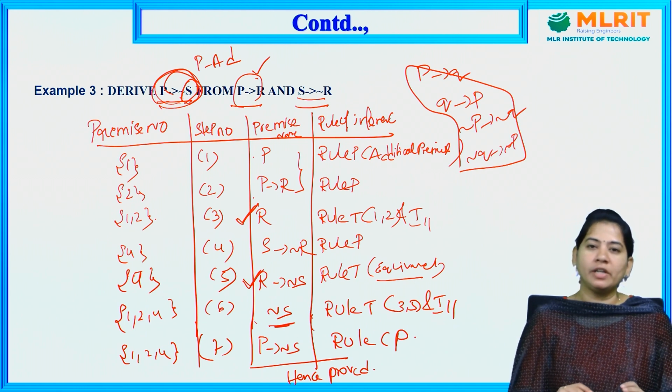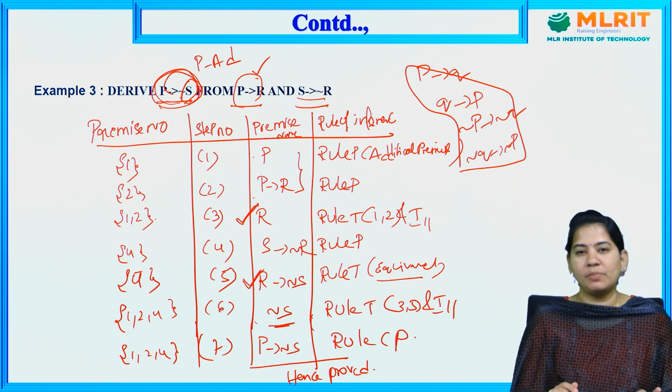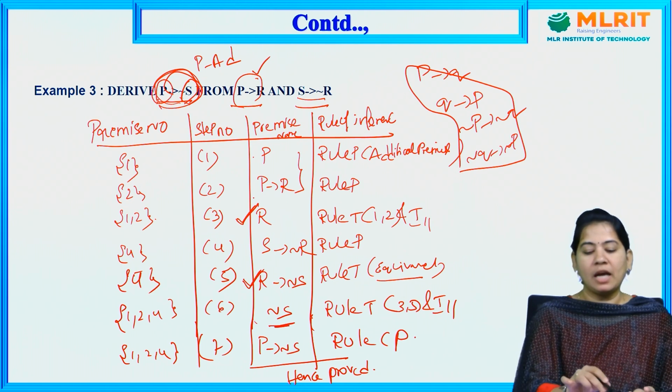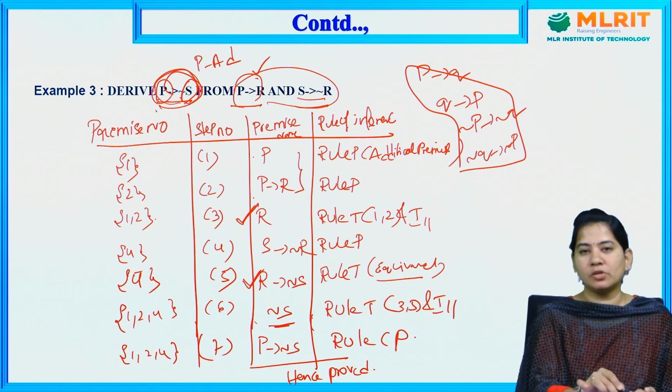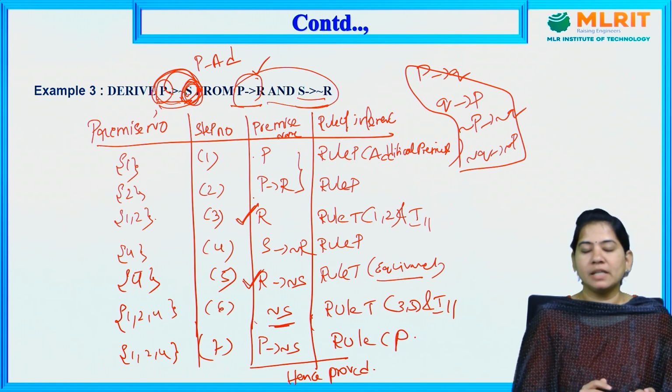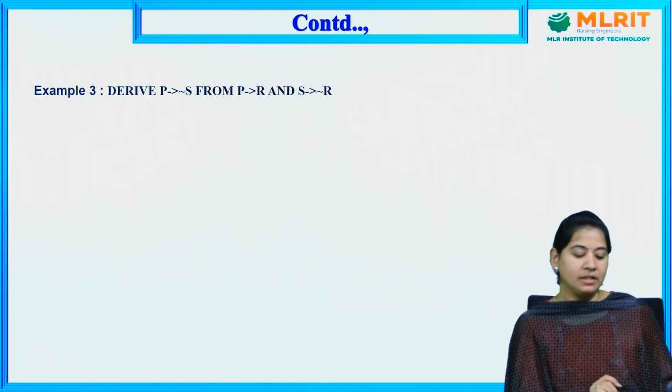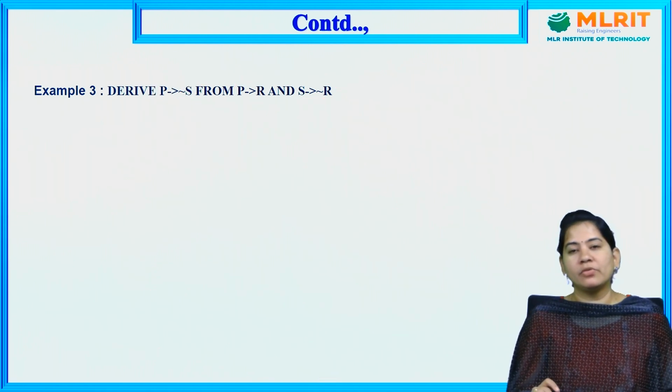And as usual, we need to follow the rule CP process: consider the first statement as an additional premise, and along with the given premises, solve until you get the second statement, whatever we have, that particular second statement. So like this, we need to solve the problems of rule CP.